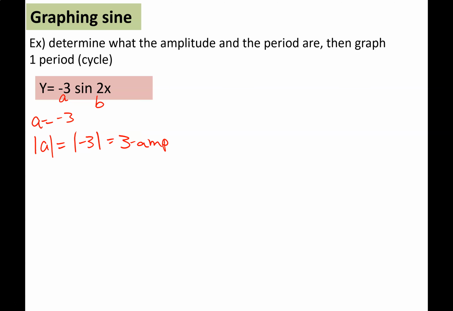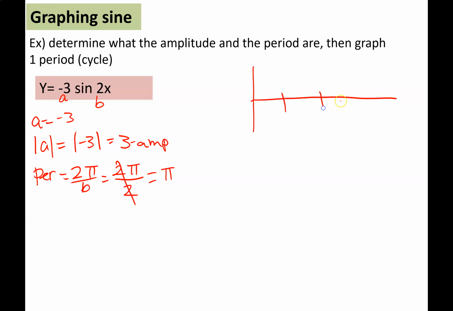All right, and then we said our b value was 2. I need to figure out what the period is. I gave you a formula for that, which was 2 pi divided by b. So this is going to be 2 pi divided by 2. Okay, so we simplify. The period is going to be pi. Now I need to figure out what my little increments are going to be, because we're going to apply the 5-point method.